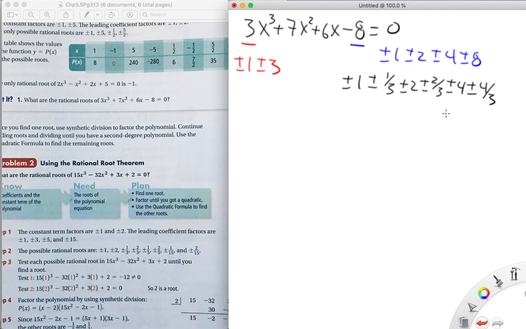Plus or minus 8, plus or minus 8 over 3. They want you to find the rational roots. And what you're going to have to do is plug them in.